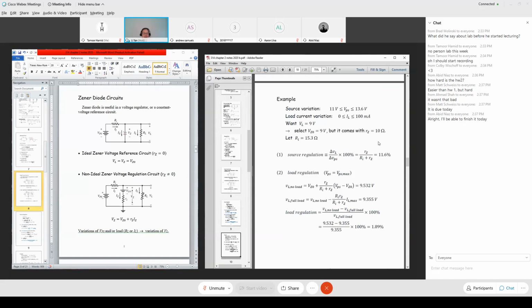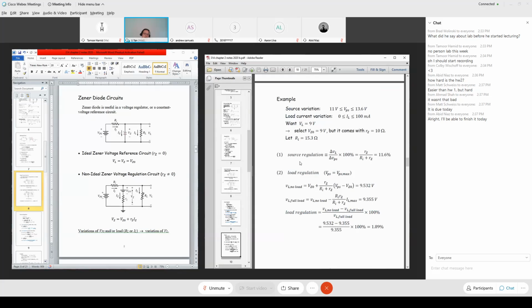But here I want to point out that the 10 ohm Zener resistance plays a role and influences the Zener voltage regulator circuit. And here also the finite input resistance Ri, let's take the value of 15.3 ohms. Now we know the source voltage can vary in this range, and the load current also has a variation in this range.